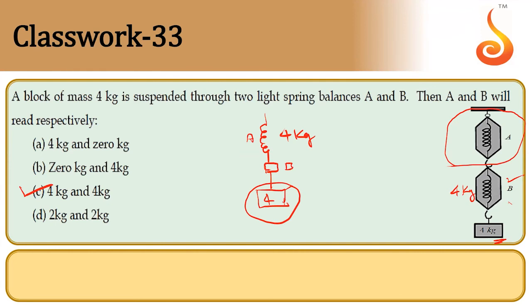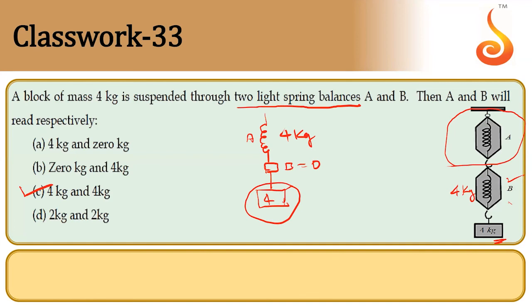Or else you can say they are connected in series. In series, the force remains the same. What is the weight suspended from A? B is 0, massless. Two light spring balances. A spring balance doesn't carry any mass.